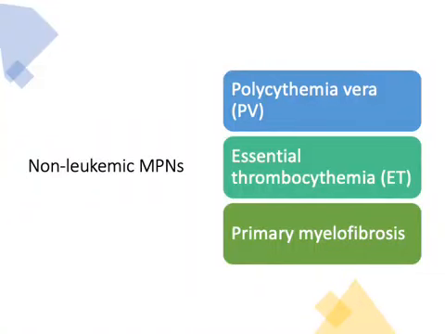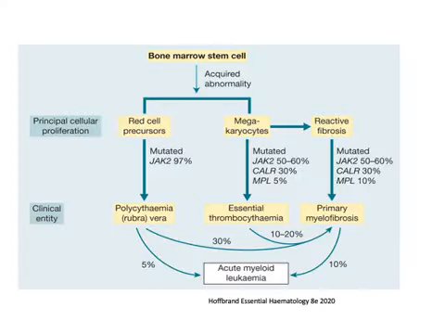In routine clinical practice, MPNs refers to polycythemia vera, essential thrombocythemia, and primary myelofibrosis, the latter including prefibrotic primary myelofibrosis. These disorders are characterized by stem cell-derived clonal myeloproliferation with mutually exclusive JAK2, CALR, and MPL mutations.